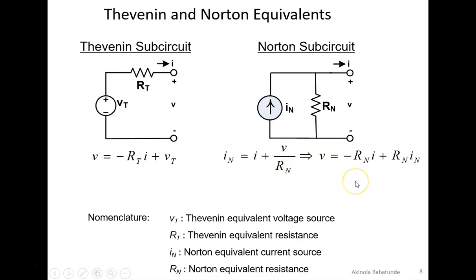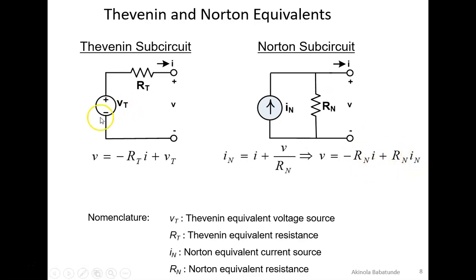If you rearrange that equation and take In to the other side, you will be left with In equal to I plus V over Rn. And if you rearrange this equation, it is equivalent to V equal to minus Rn·i plus Rn·In.